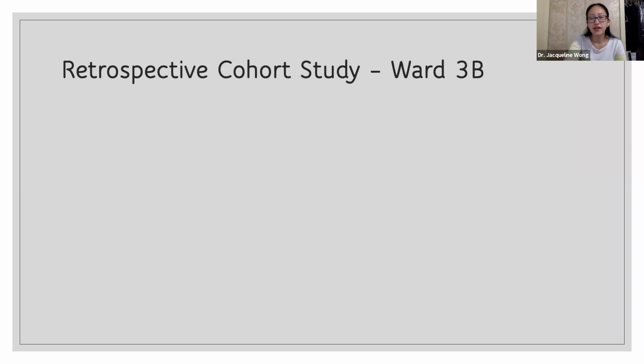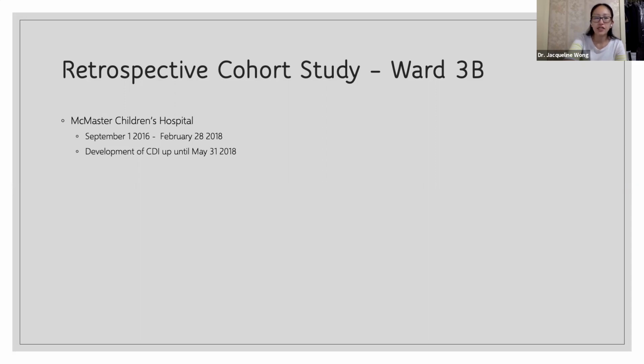So, very briefly, just sharing some other results from our experience, we conducted a retrospective cohort study at McMaster Children's on our oncology ward. This took place over an 18-month period, and we looked at the development of C. difficile infection up until May 31st, 2018.